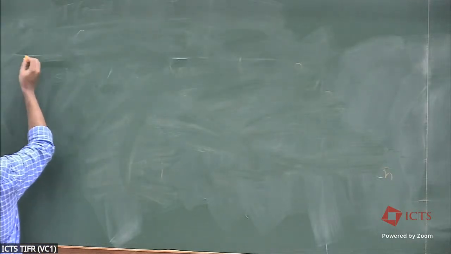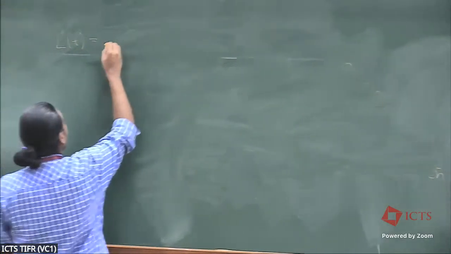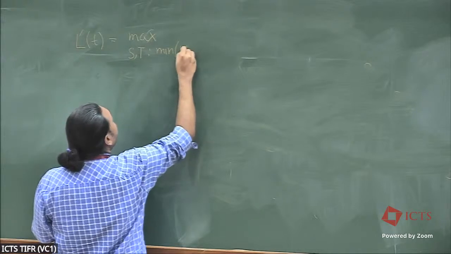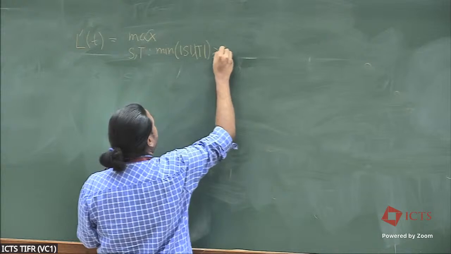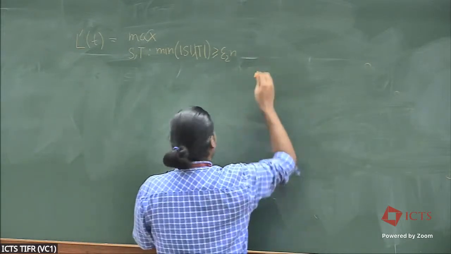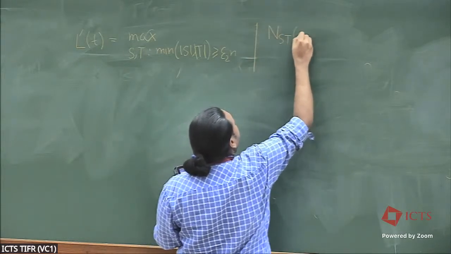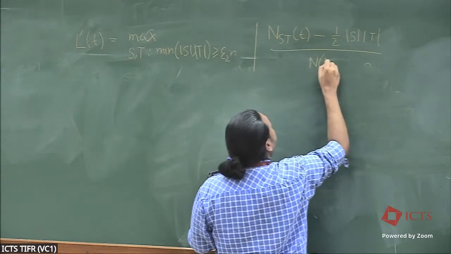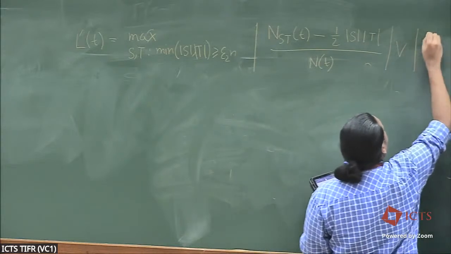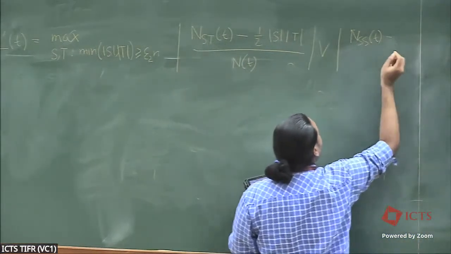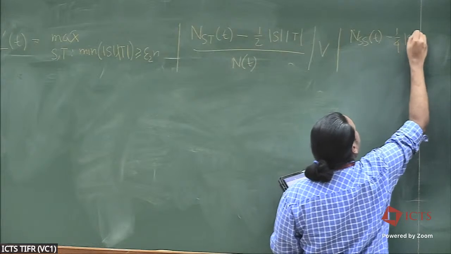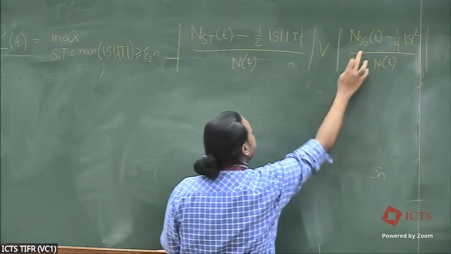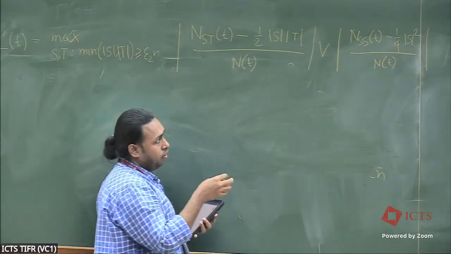Let us define L prime t, which is the maximum over S, T such that S and T are not too small, meaning the minimum of mod S, mod T is bigger than or equal to some epsilon 2 times n, of N_ST of t minus half times mod S mod T divided by nt, and the maximum over S of N_SS of t minus 1 by 4 mod S squared divided by nt, where N_SS is the number of edges in S in the graph GT.